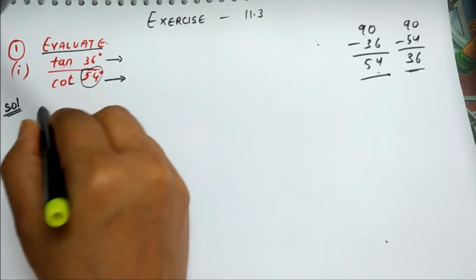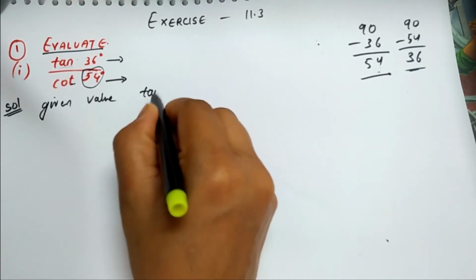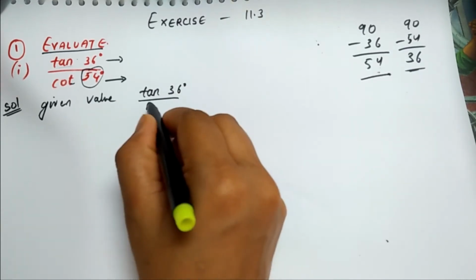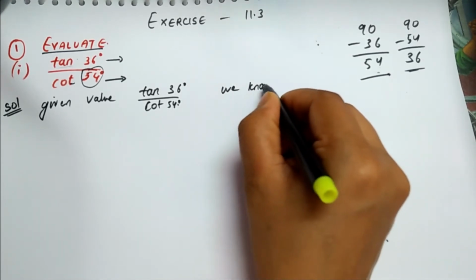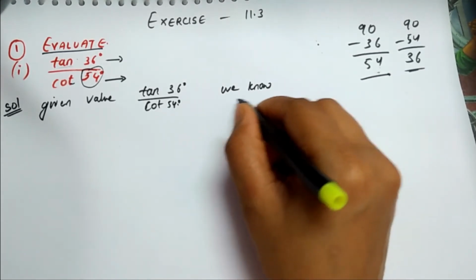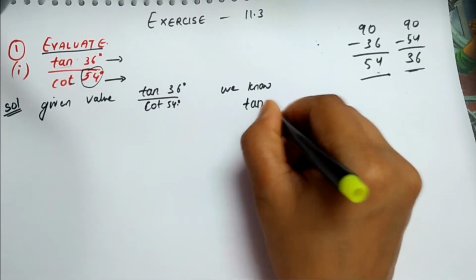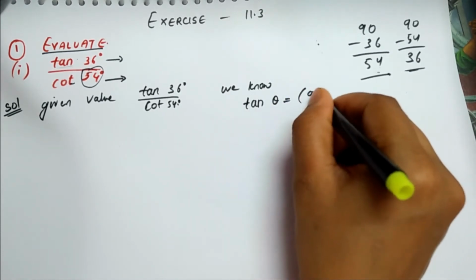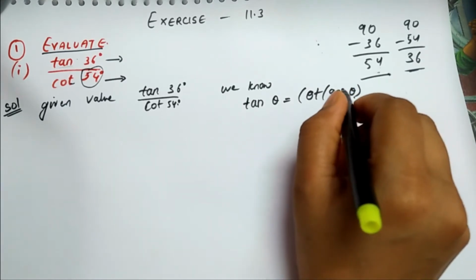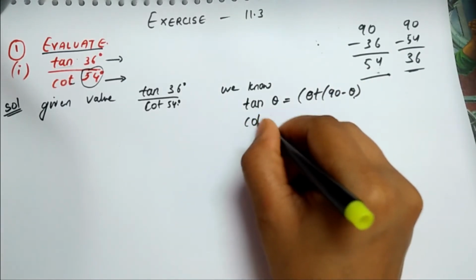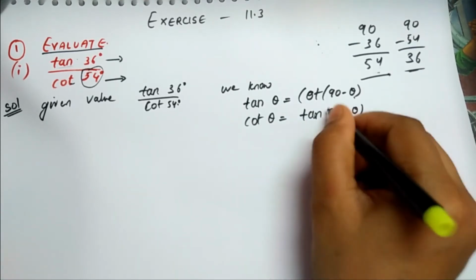So here we will write the given value. Given value is what? Tan 36 degrees divided by cot 54 degrees. So we know the formula, the complementary angle formula. Since you are seeing this kind of problem, it will be tan theta is equal to cot of 90 minus theta. Or simply you can say cot theta is equal to tan of 90 degrees minus theta.